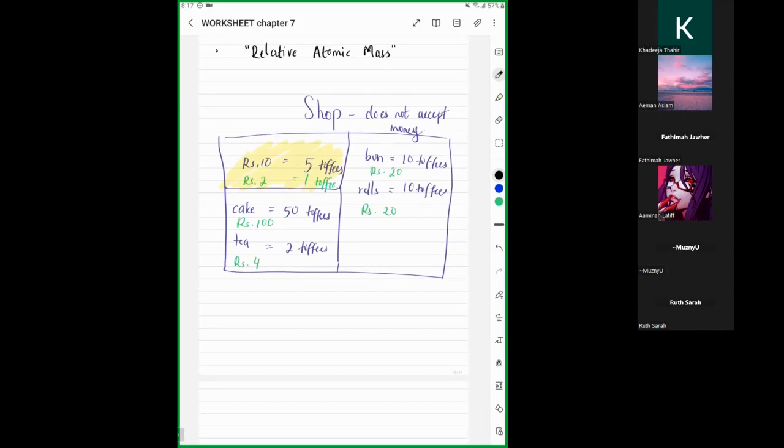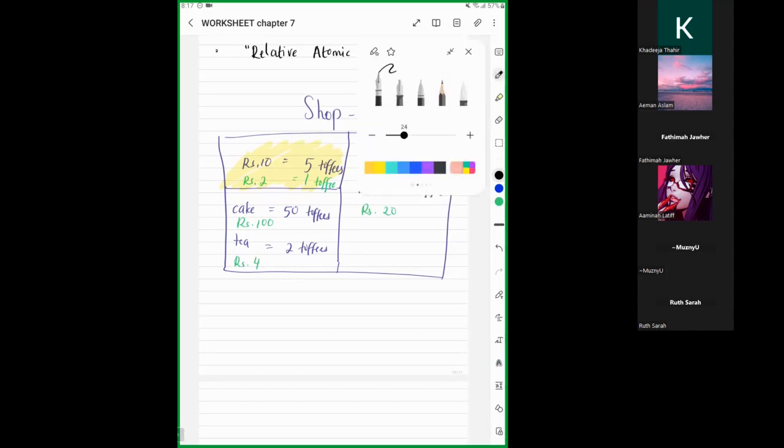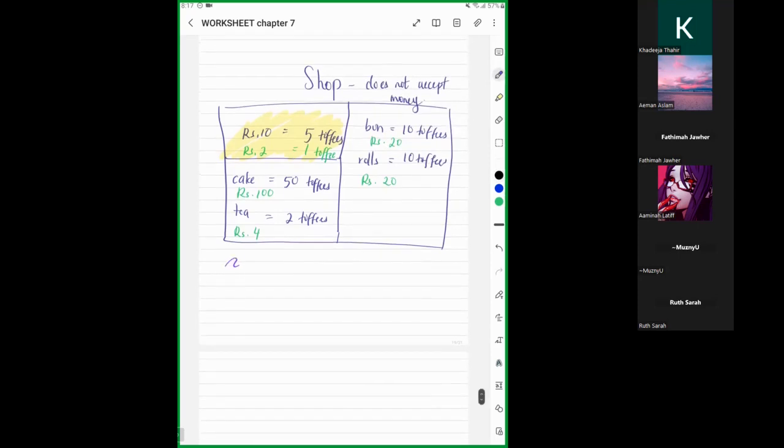To introduce relative atomic mass, first of all, they introduced something called the atomic mass unit. This atomic mass unit is sort of like the board outside our shop. It's the standard, the mass of a particular substance which you compare the mass of every other atom to and get a value.